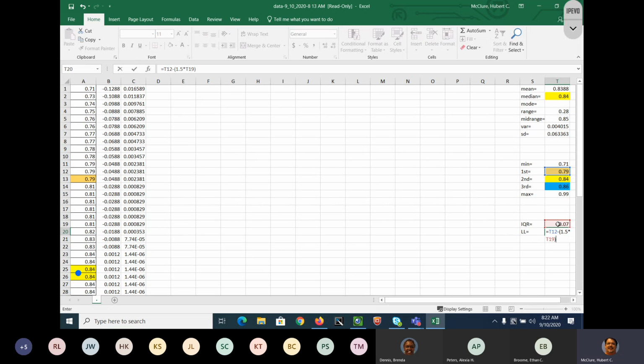Close parentheses. And then your upper limit is your third quartile plus parentheses 1.5 times the interquartile range. Now I gave y'all those two formulas the other day.